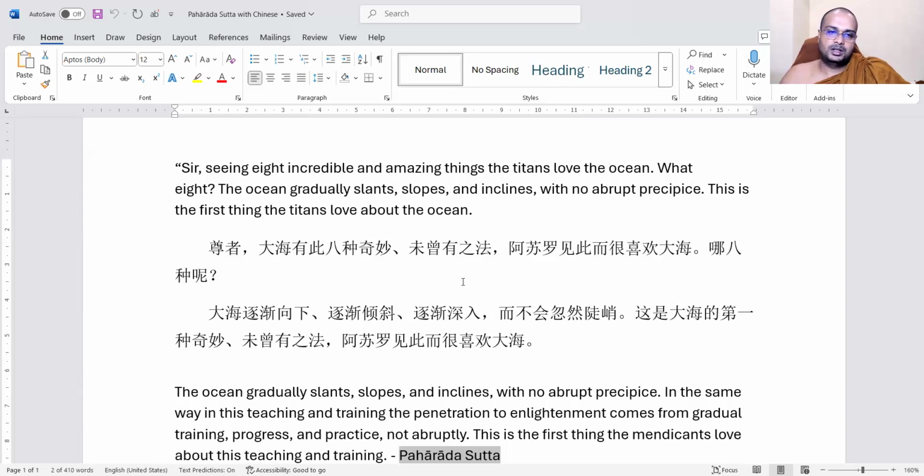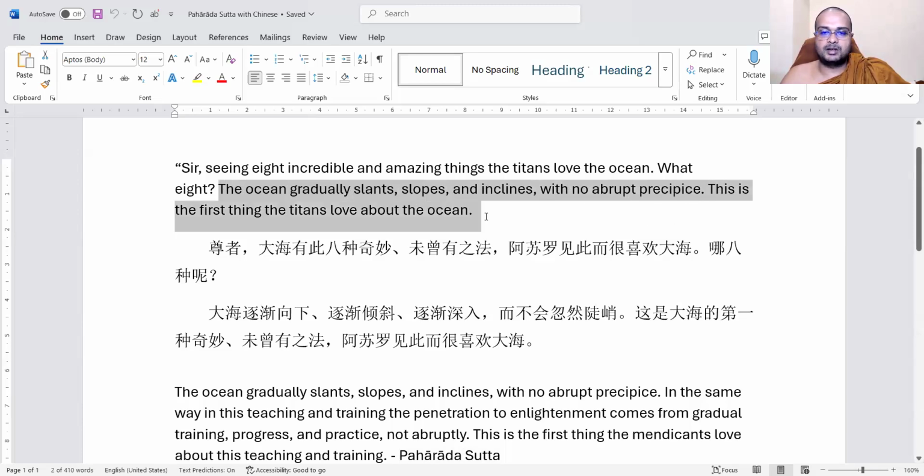One of the answers he gives is that the ocean gradually slants, slopes, and inclines with no abrupt precipice. This is the first thing that the Titans love about the ocean. When the ocean gets deeper, it does not get deeper suddenly; little by little it deepens. This is one reason the Titans love the ocean.